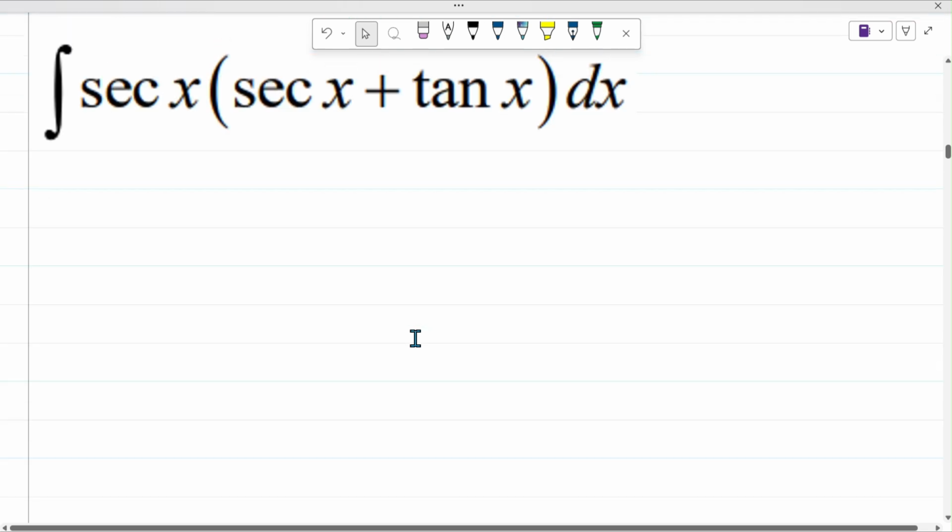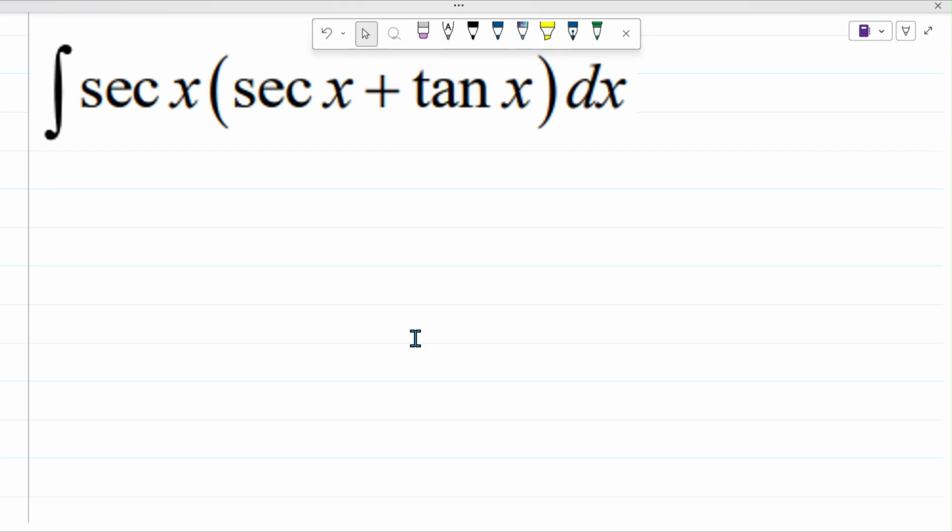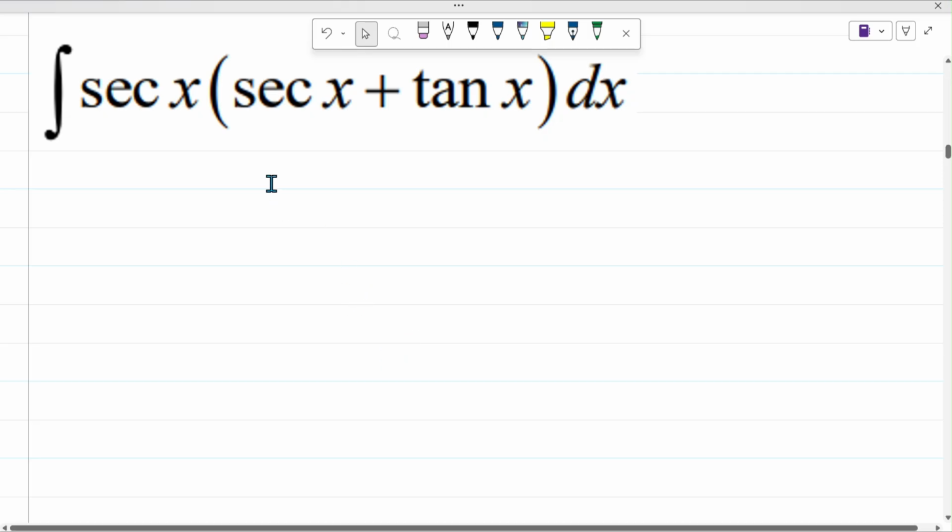All right, let's continue. So we've got the integral of sec x multiplied by sec x plus tan x dx. So what are we going to do to integrate this? Definitely, there is nothing that was ever differentiated for us to get sec x multiplied by something complicated like this.